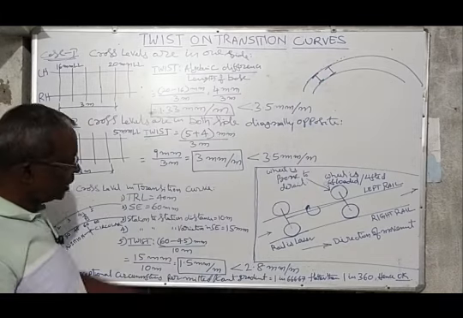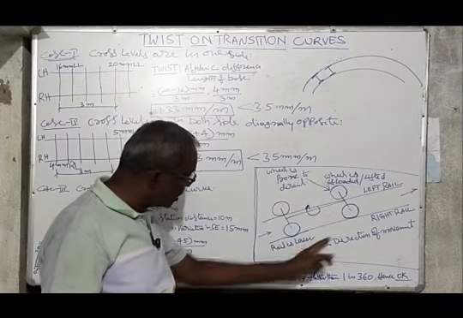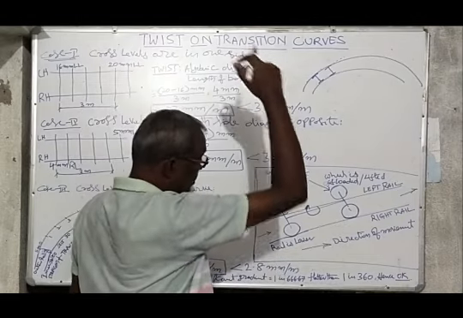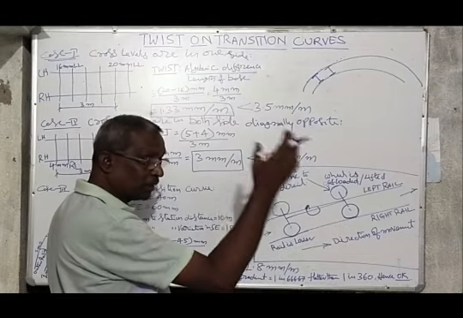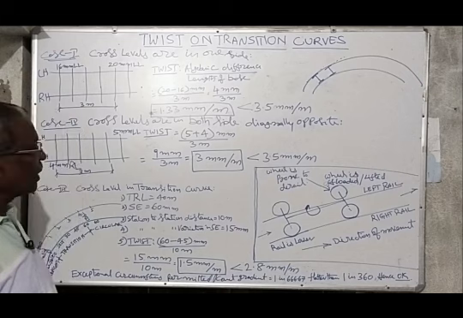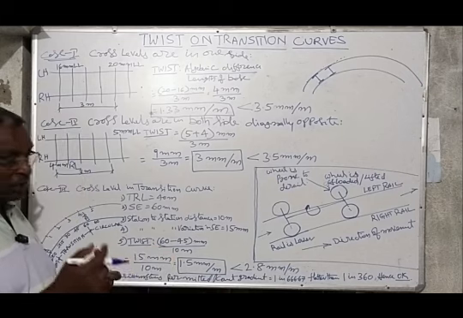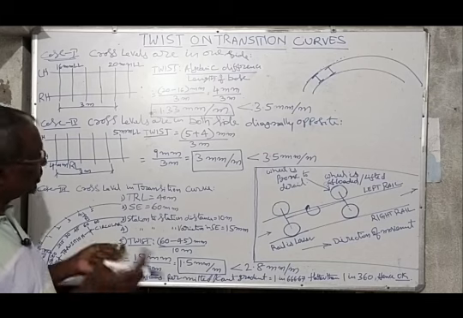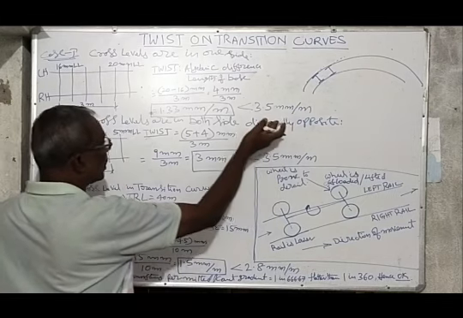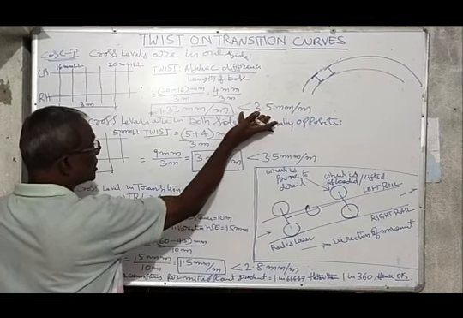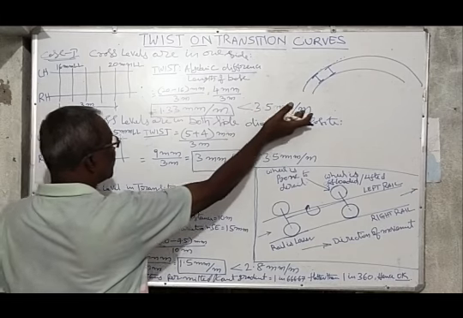So dear friends, if such a situation occurs in the case of transition curves, what will happen to safety? That is the purpose. Our engineers, through practical experience and research, have fixed the limits for twist: for non-transition curves 3.5 mm per meter.